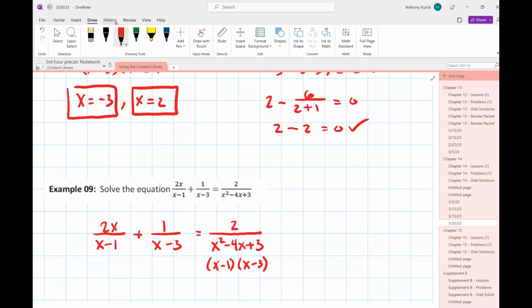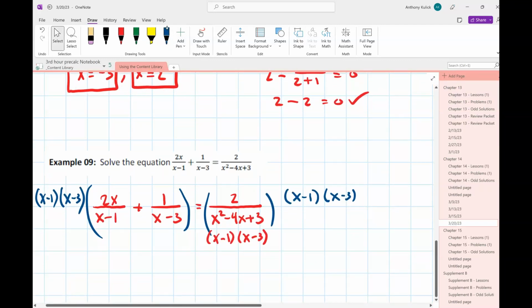Sophia noticed that x squared minus 4x plus 3 factors. It factors to x minus 1 times x minus 3. If I then multiply both sides of this by x minus 1 times x minus 3, everything is indeed going to cancel out.